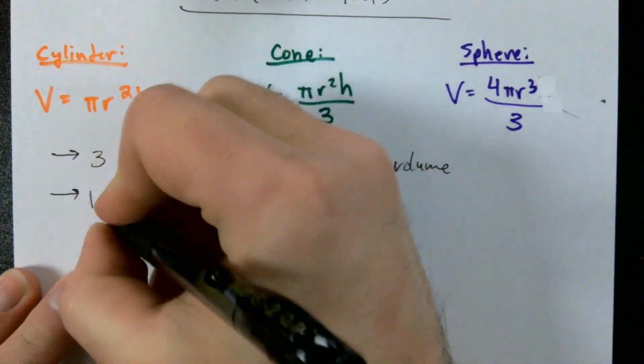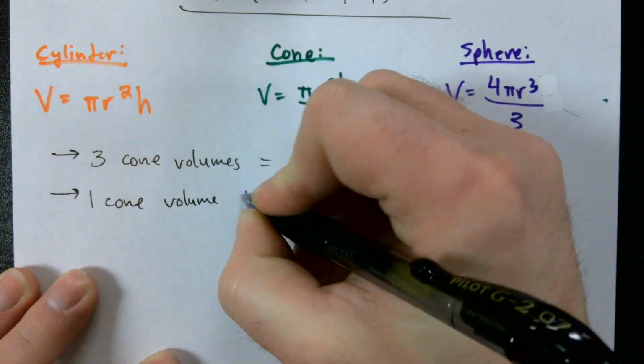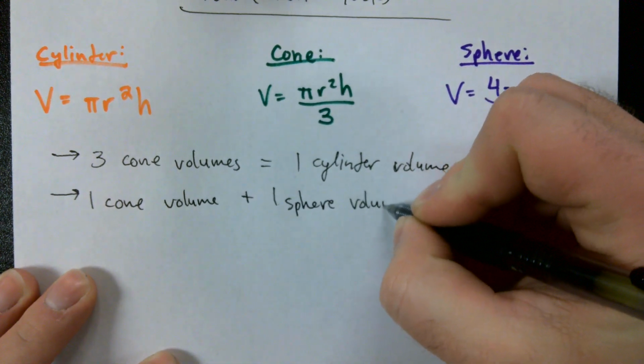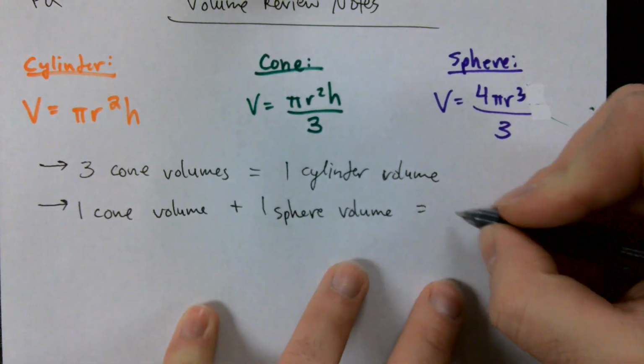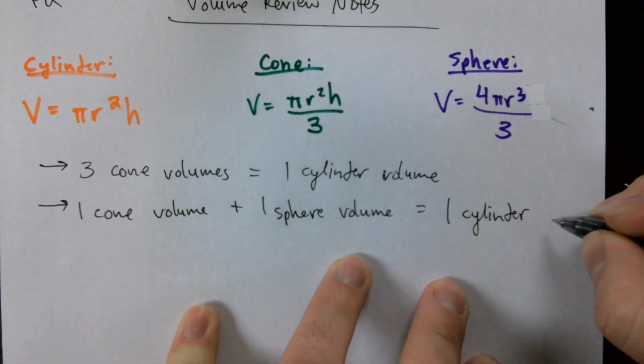We also saw that 1 cone volume plus 1 sphere volume equals 1 cylinder volume as well.